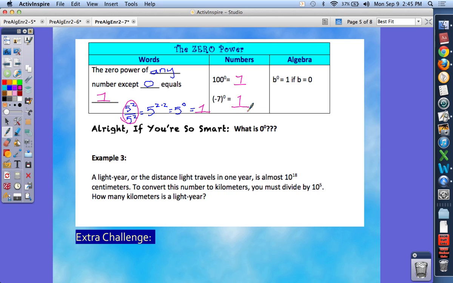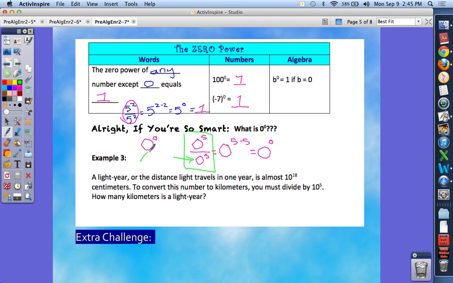The only thing that doesn't work for this is 0 to the 0 power. Okay? Why? Well, let's think. If we have 0 to the 5th power over 0 to the 5th power, the only way I could get a 0 exponent would be a problem like this. I'd have 0 to the 5 minus 5, which would give me 0 to the 0. Go back to what you started with. What's wrong with this step right here?